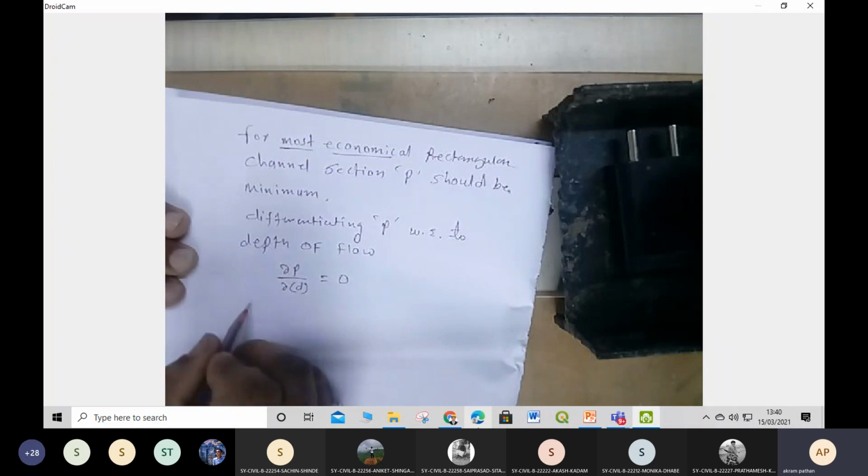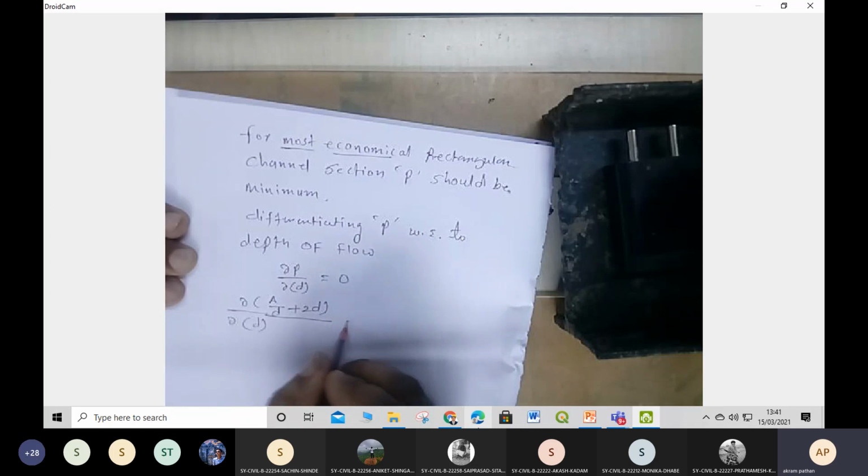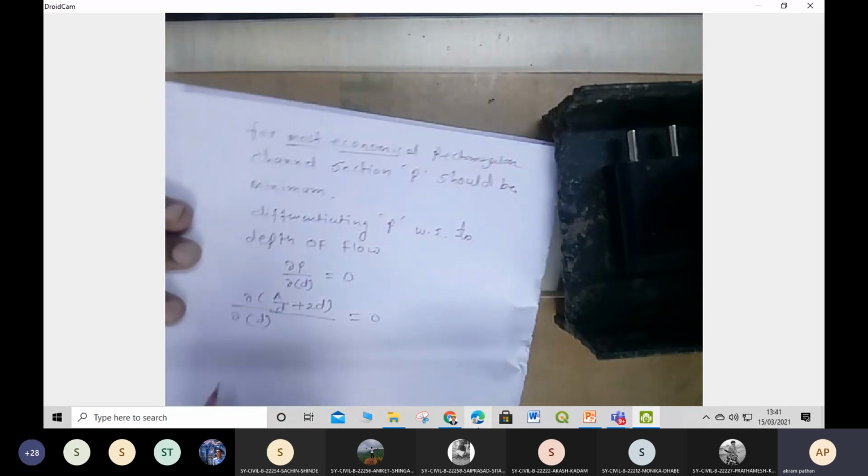I am going to put the value of the perimeter, A by D plus 2D, divided by del D, which is equal to 0.